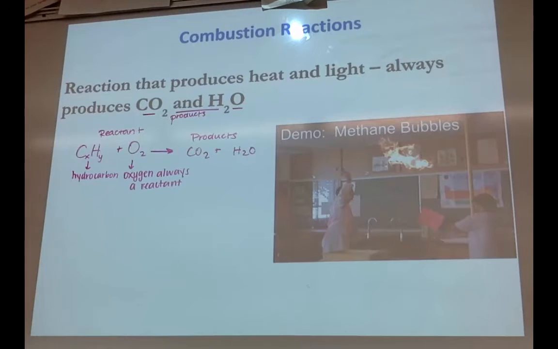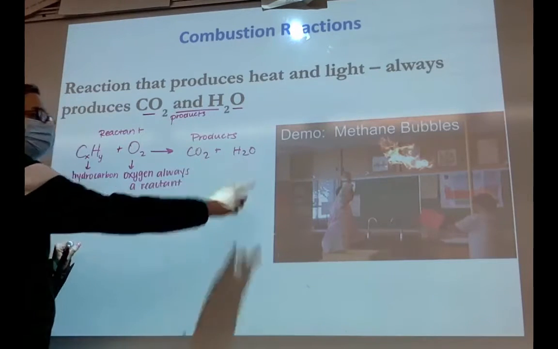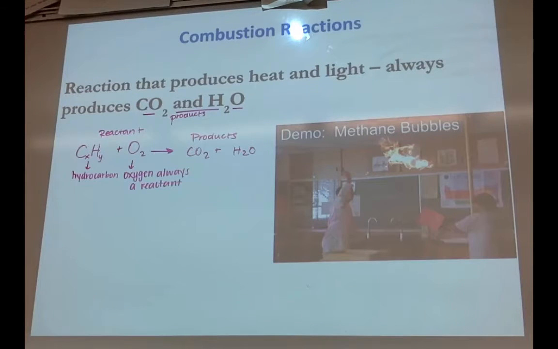Hydro for hydrogen, carbon for carbon. It contains C and H. These are those balancing equations that we've been looking at that were always the tricky ones to balance because they had oxygen in 2 places on the products. And so this is always your general equation for a combustion reaction.